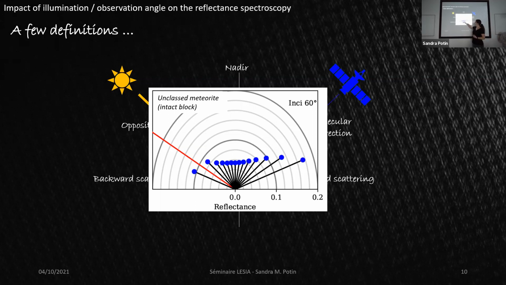The position of the point represents the observation angle, and the length represents the amount of reflectance. So for this measurement here, we have an incidence angle of 60 degrees, an emergence of 70 degrees, and a reflectance amount of around 0.18, so 18%. With this polar representation, we have a good view of the backward scattering and of the forward scattering. This is why I use them the most.